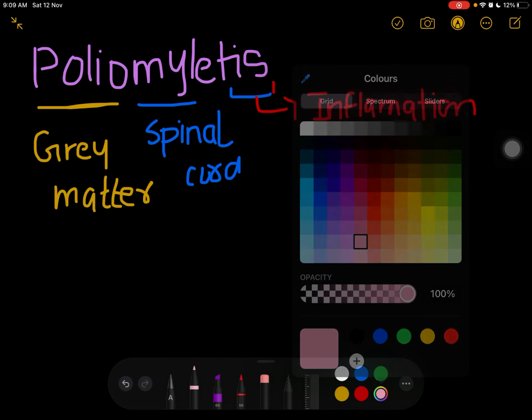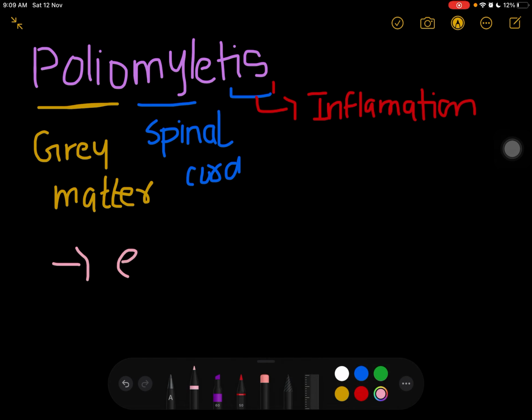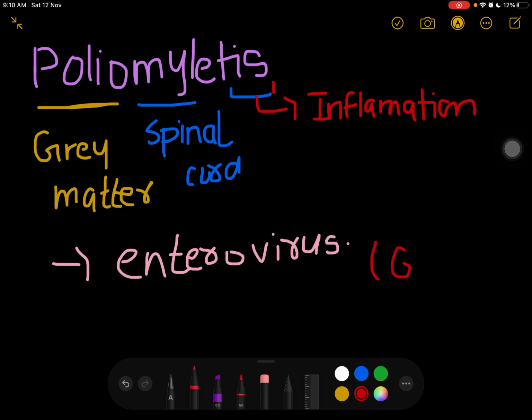So it is an enterovirus. What does that mean? A virus that enters through the gastrointestinal tract, or you can say GIT, is known as an enterovirus.